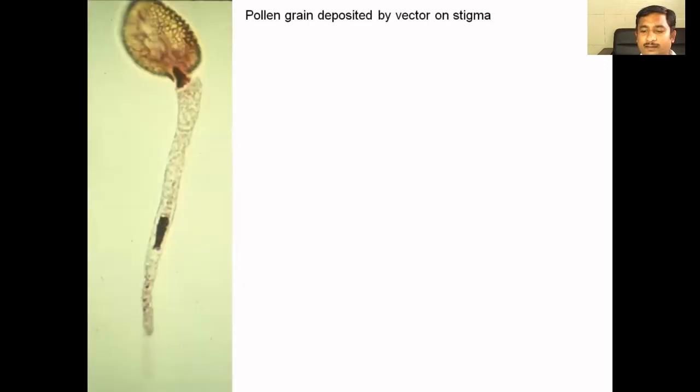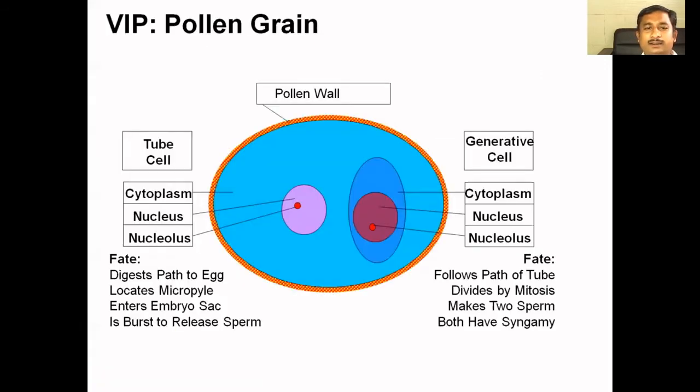Okay. Sir, please repeat. I couldn't get your point. Okay. So here you could understand this entire structure. Yes, sir. Tube cell, and there is a generative cell. Yes, sir. Okay. This is how a pollen grain looks like.